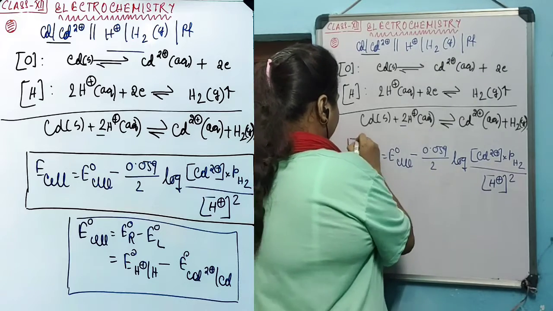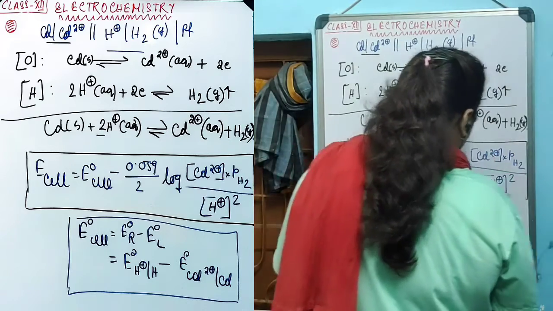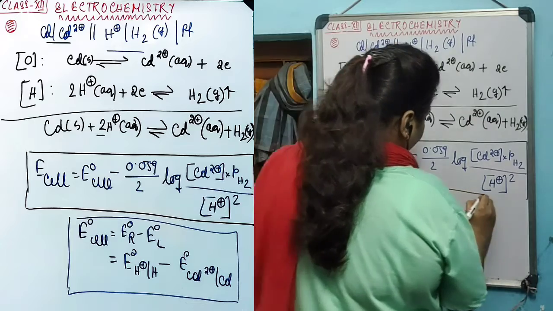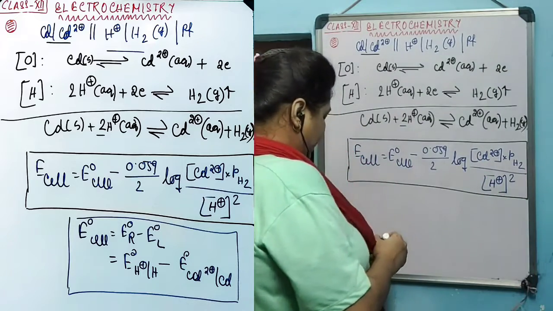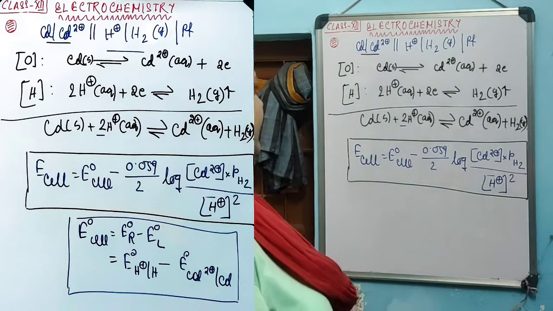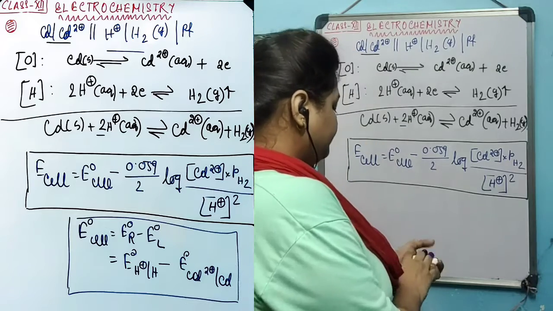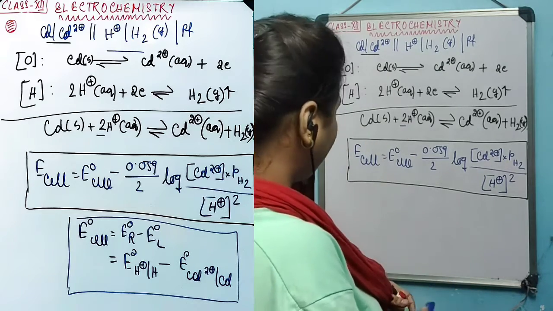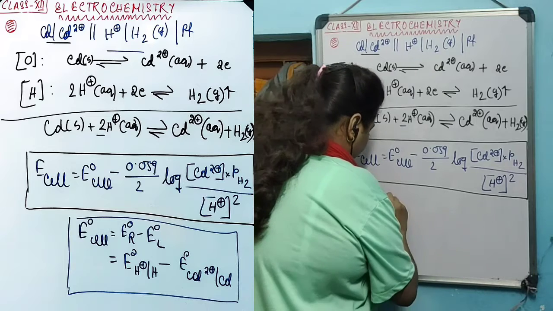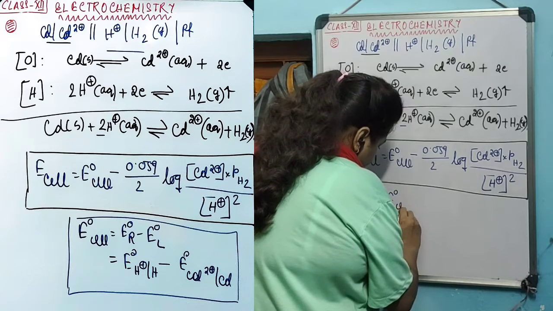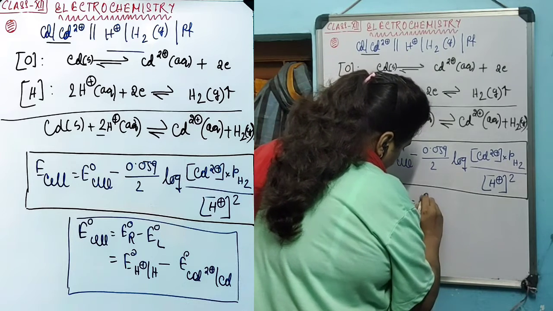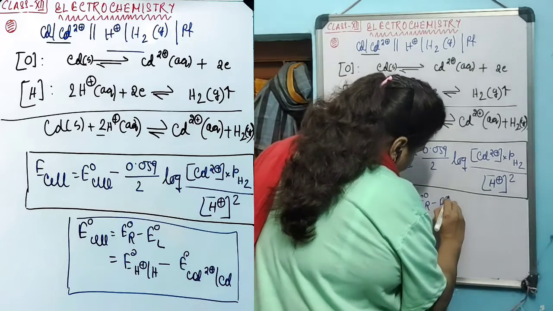By providing the respective values in place of the variables, we can calculate the E cell value for this overall reaction. The standard electrode potential value can be calculated by E naught cell equals E naught R minus E naught L.